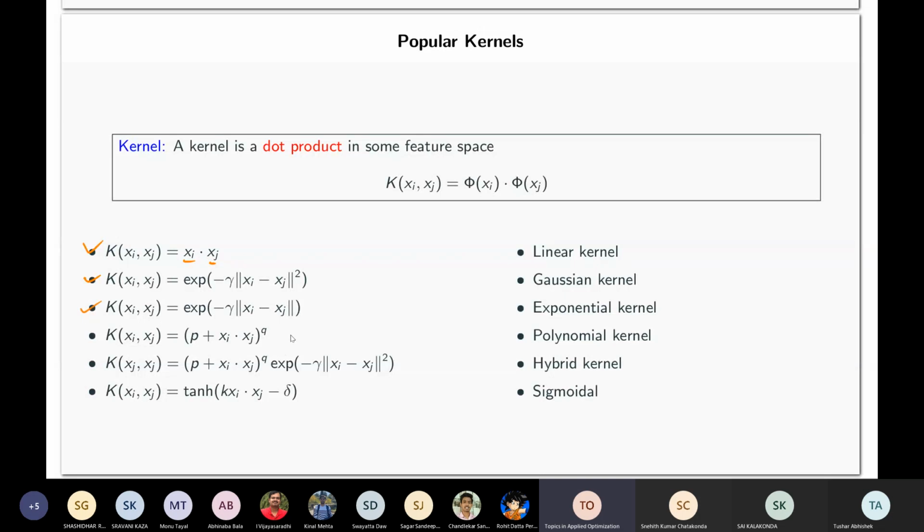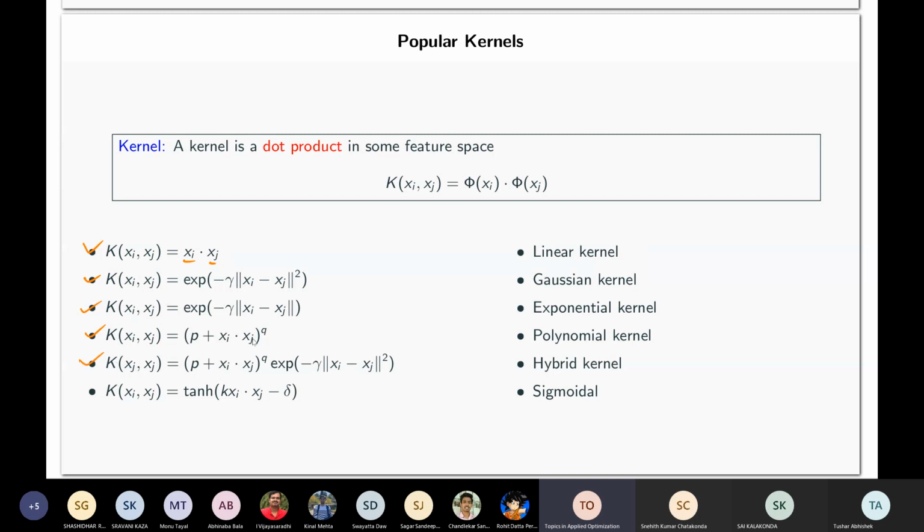You can do exponential kernel, where just the square part is missing here. And then you can do some polynomial. So obviously linear is a special case of the polynomial with p equals 0 and q equals 1. So here xi dot xj, and then if you take powers, then you will get higher order polynomials.